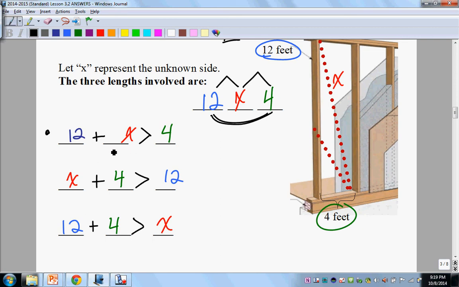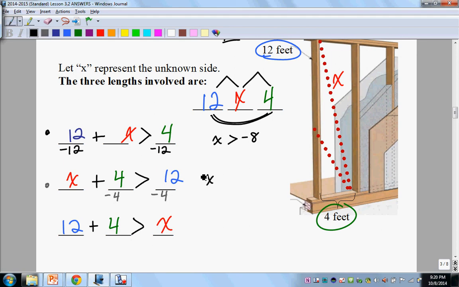So for this first case, number 1, we're going to minus 12 both sides, and we end up with X has to be greater than 4 minus 12, which is negative 8. For the second one, we're going to minus 4 both sides to get X by itself.